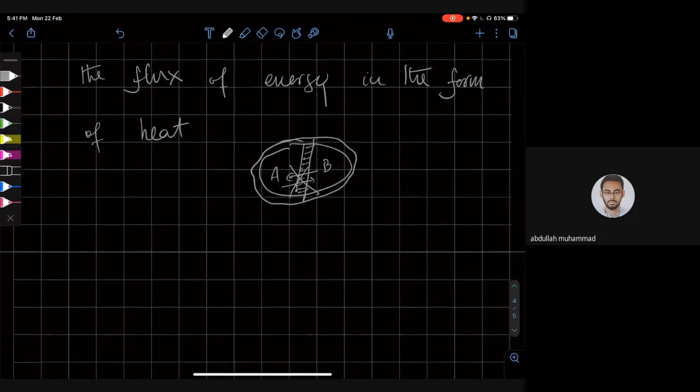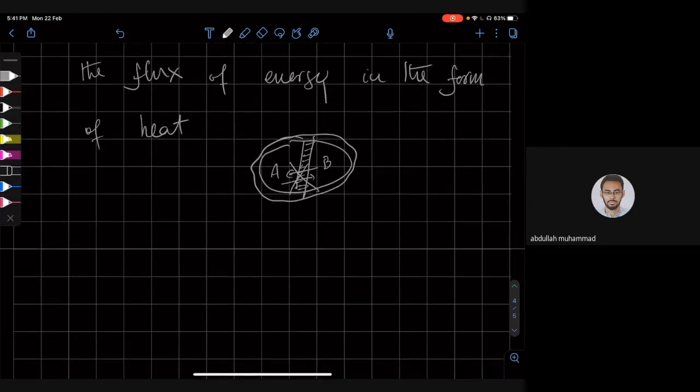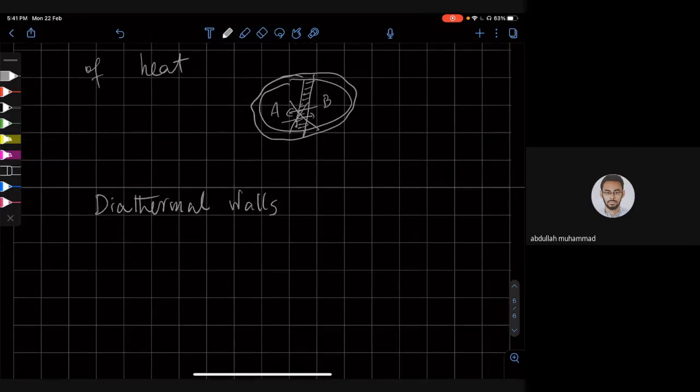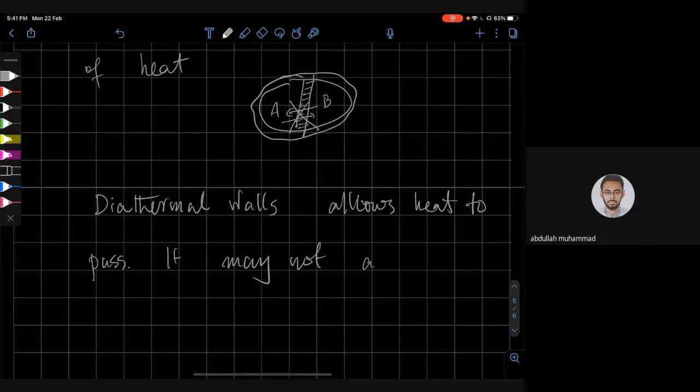If the wall is such that heat is allowed to pass, then such walls are called diathermal walls. So a diathermal wall allows heat to pass, but it may not allow stuff to pass.